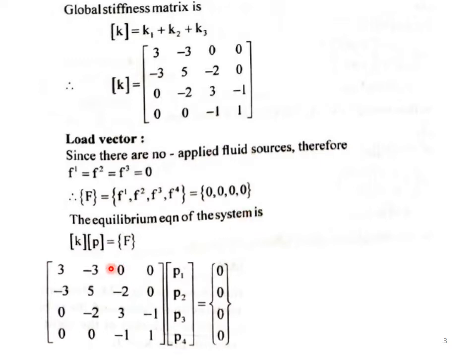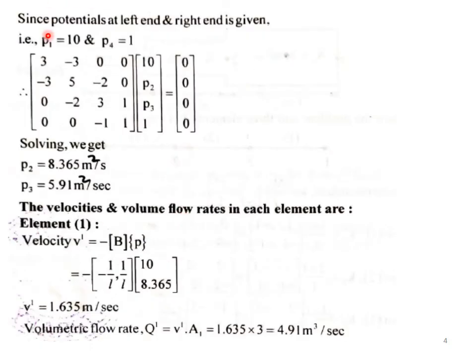So we substitute the values of P1 and P4 in the equation, which is shown here. Since the potentials at the left and right hand are given, that is P1 is equal to 10 and P4 is equal to 1, we substitute the values of 10 and 1.